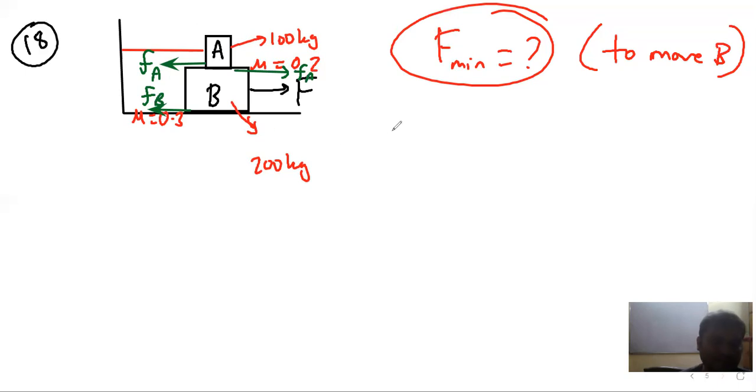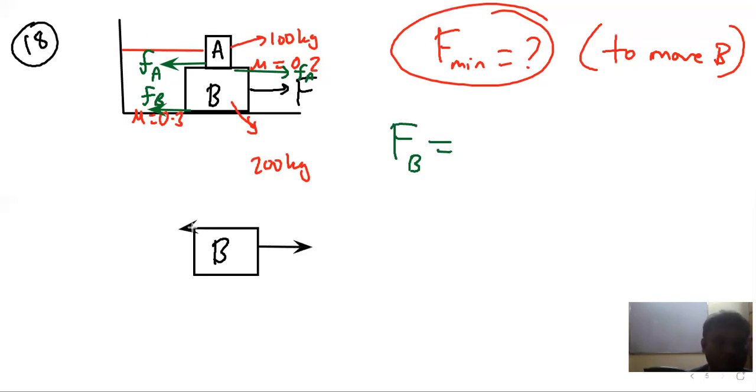So in this case, I can say the total force on block B. If we draw the free body diagram of block B, it will be like this. One force is in right direction, another force is in left direction, and one more force is in left direction.